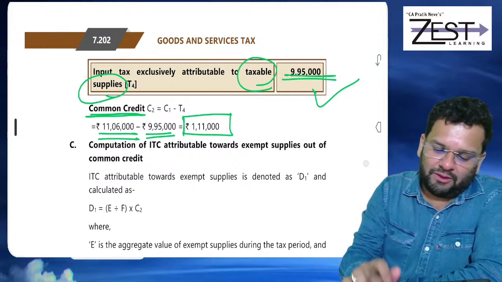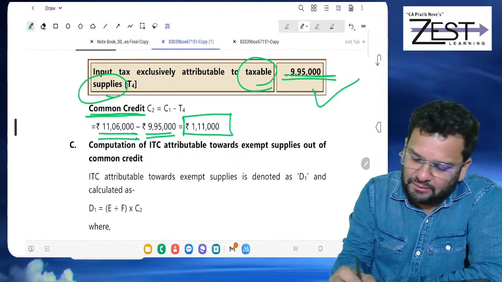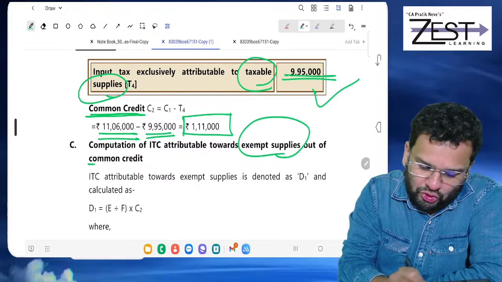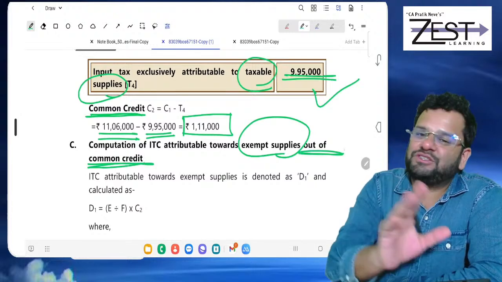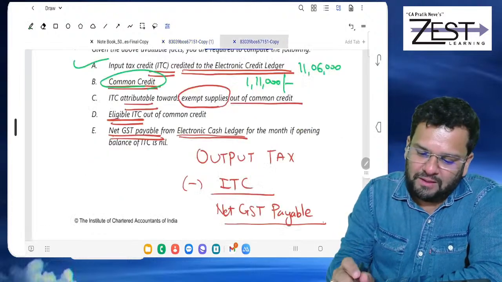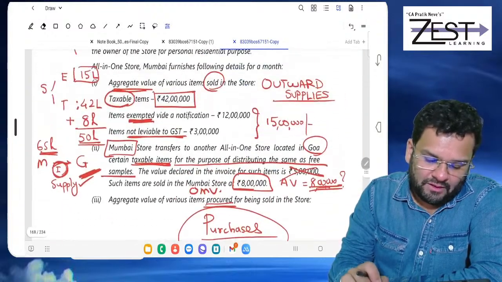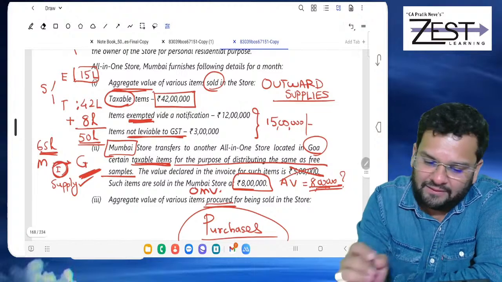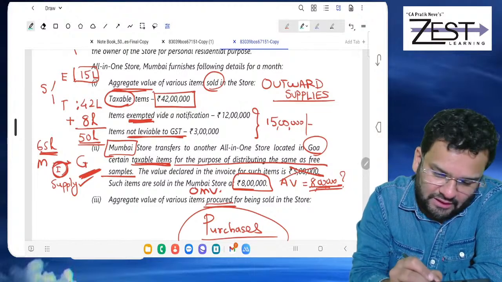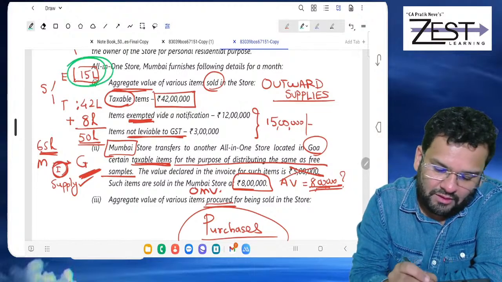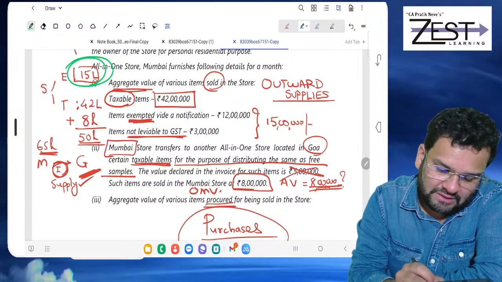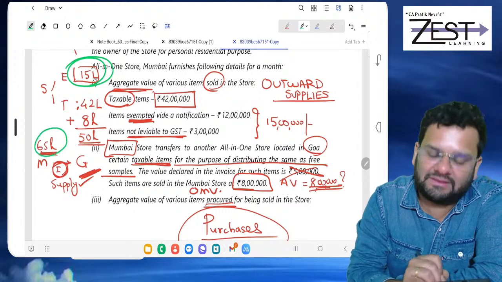ITC attributable towards exempt supplies out of the common credit. Most simple, because we have already done all the working possible. Your exempt supply, as you can see, is 15 lakh and your total supply is 65 lakhs.